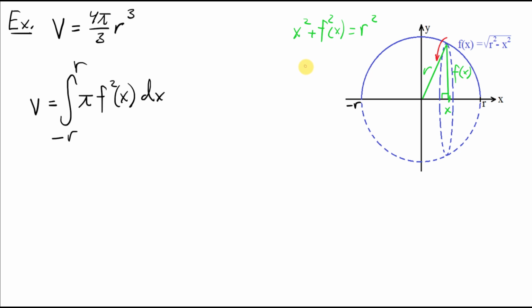And if we solve for this one, we get this. And if we take the square root, we get just this one. So that we can use here now. So now we have the function for this half circle.